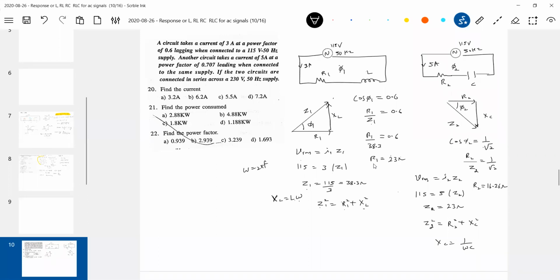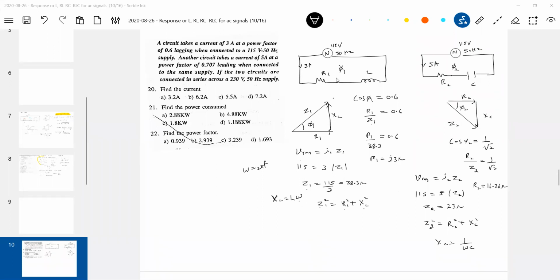Only if you want to find out capacitance, you can find out. R2 is 16.26 only, sir.